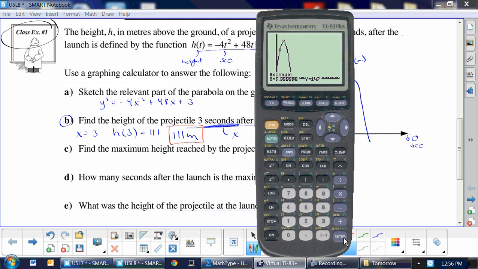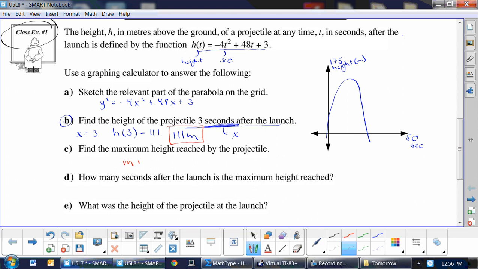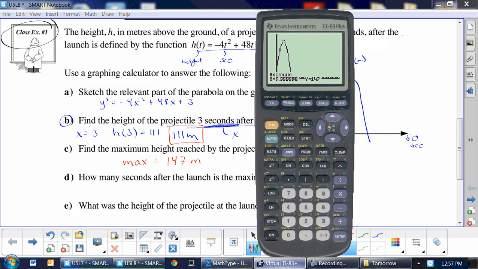Okay, so find the maximum height, 147. So max is 147 meters. You guys were finding differences in the x values, but for this question with the maximum height, the only one we care about is the y anyways.